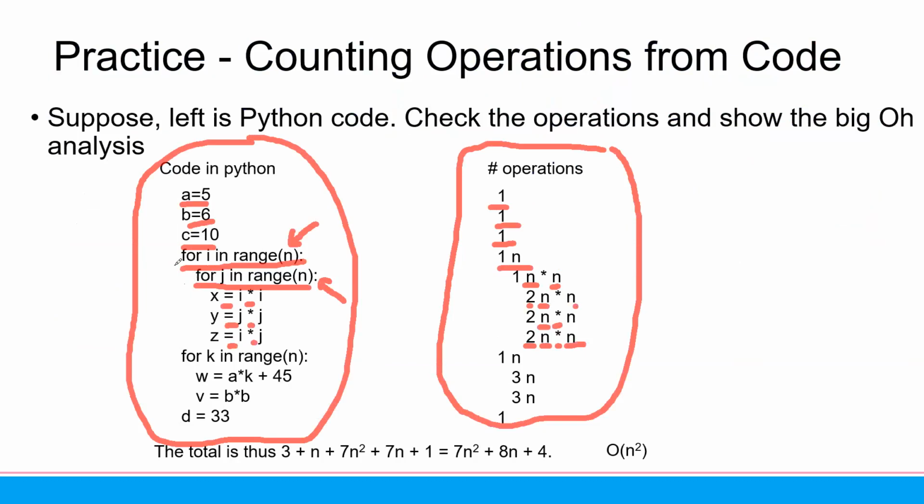So after we finish, you can look at this for loop. We have n, because this for loop and the other for loop are at the same indentation level, then it will run n times. What about this operation? w equals, so we have 1 operation, 2 operations, 3 operations.